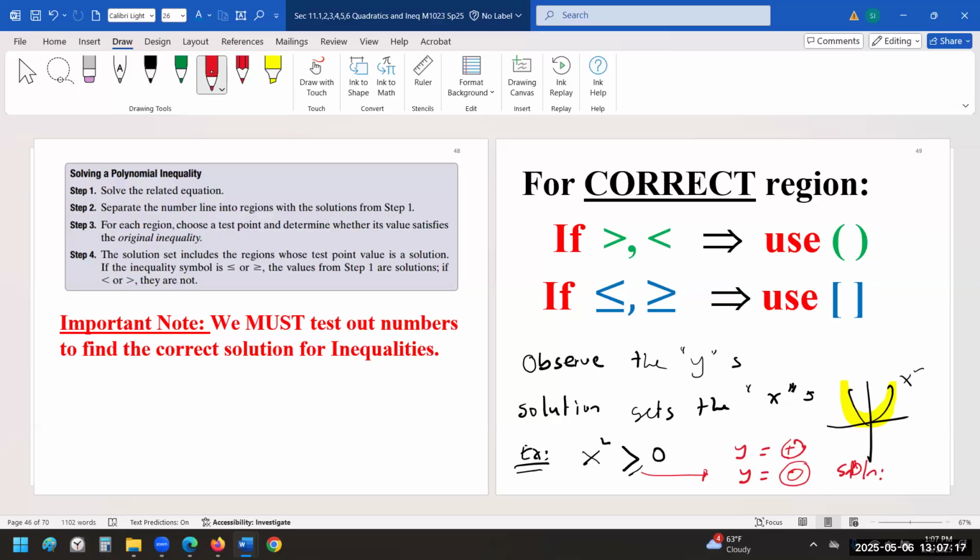We have negative to positive infinity. The entire number line gives us all the y's, positive and 0. So we have negative infinity to positive infinity. We observe the y's, but actually we get the x values that give us those y's.